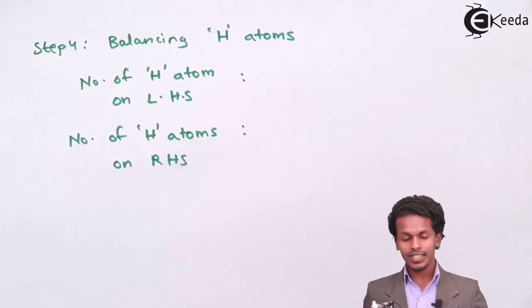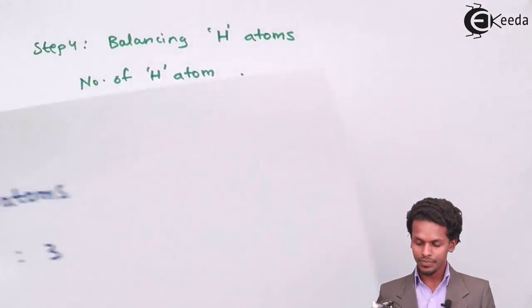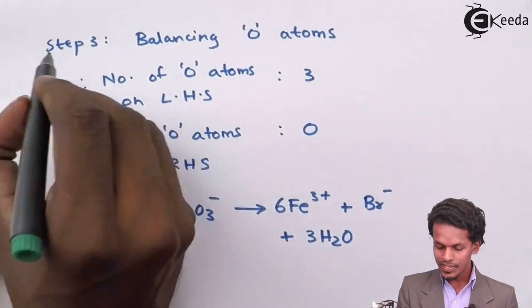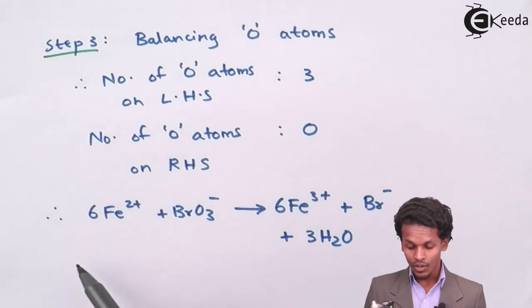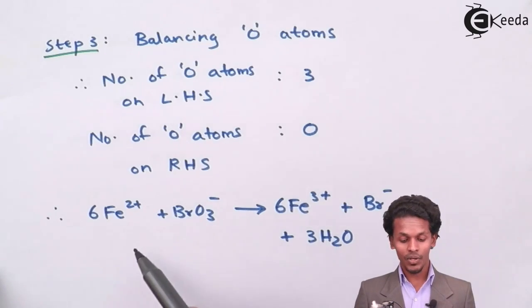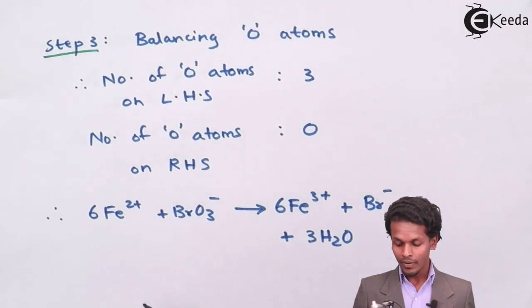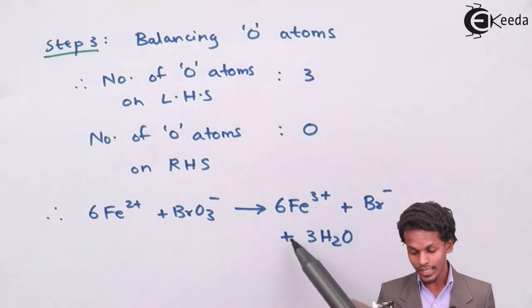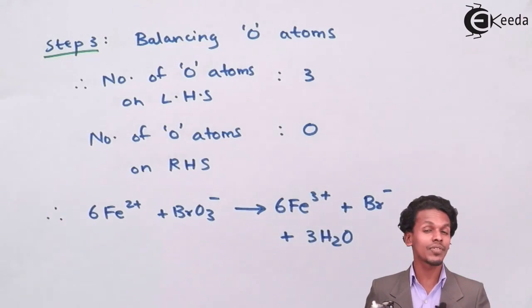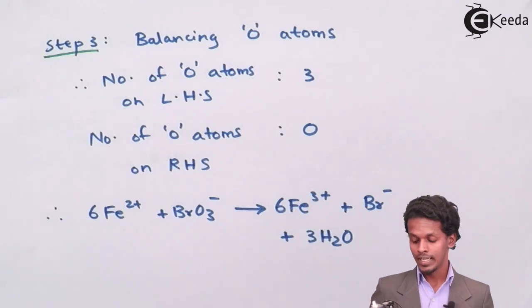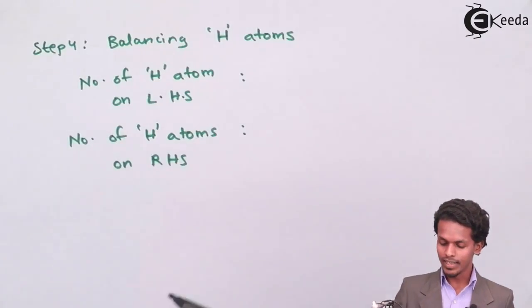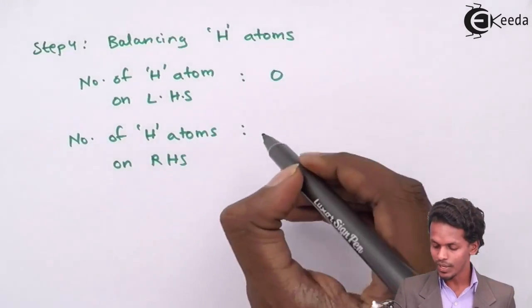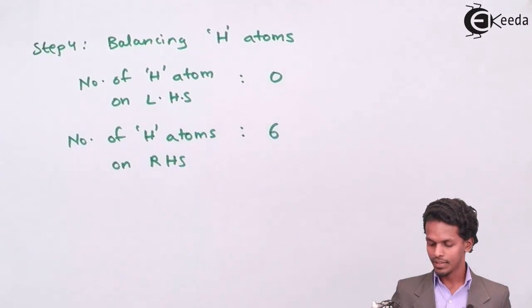So let us see step number 3 where we have calculated. In step number 3, we got to know that there is no hydrogen present on the left hand side. So the number of hydrogen atoms on the left hand side is 0, while the number of hydrogen atoms on the right hand side is 6.